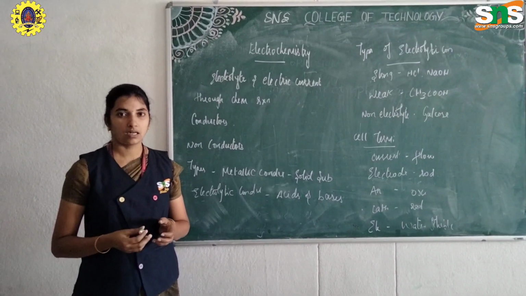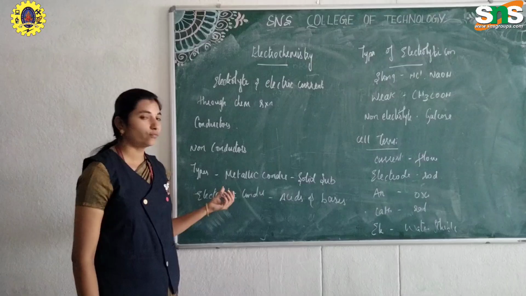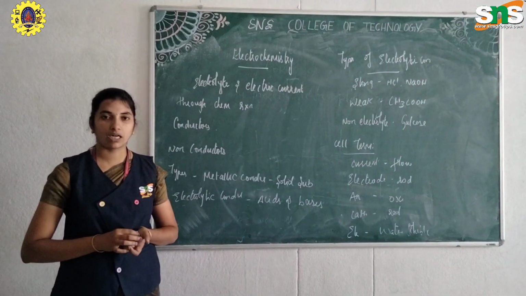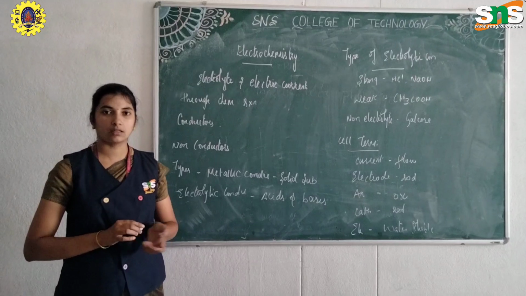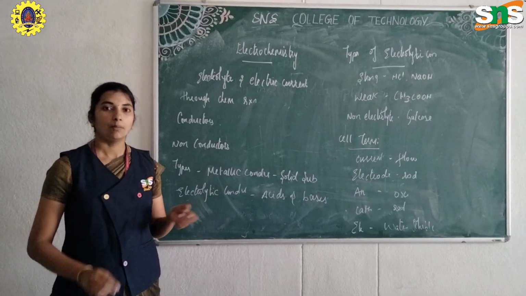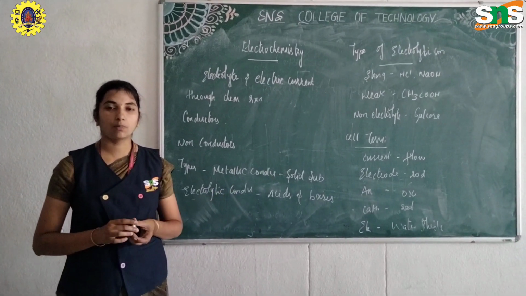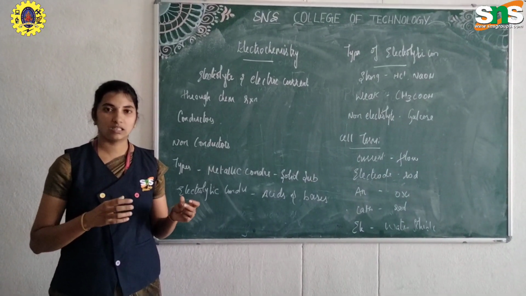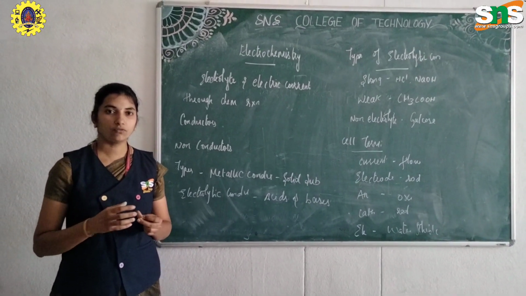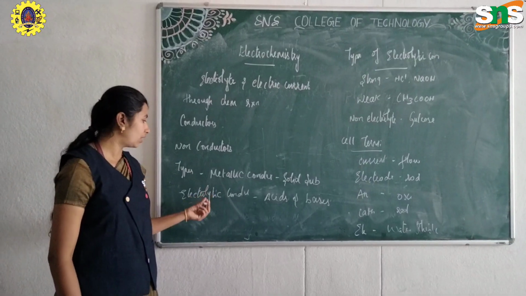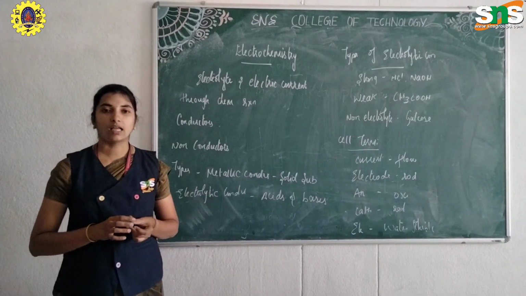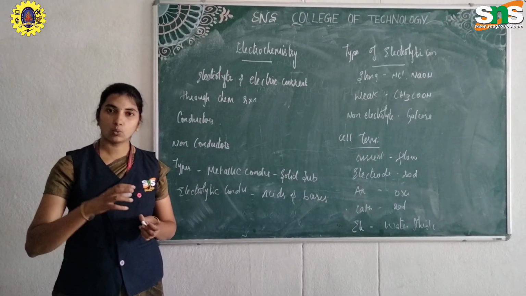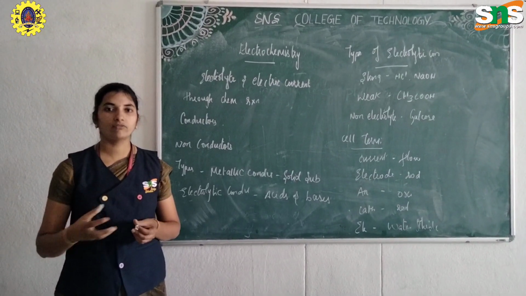These are the conductors. And what are the types of conductors? There are two types of conductors. One is the metallic conductors and another one is the electrolytic conductors. Metallic conductors conduct from one end to the other end through reactions, throughout the formation of complex materials. And the electrolytic conductors conduct from one end to the other end by using the movement of electrons.